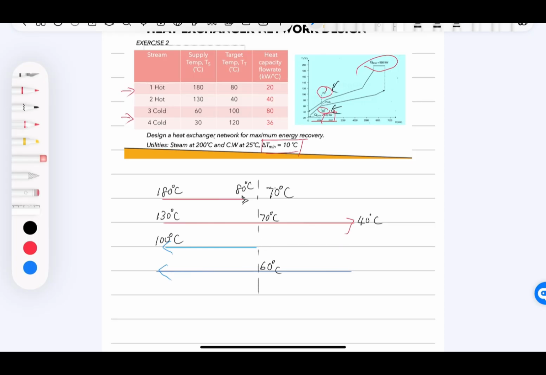And the final cold stream is from 30 degrees C to 120. Now let's do it separately for the region above pinch and the region below pinch.